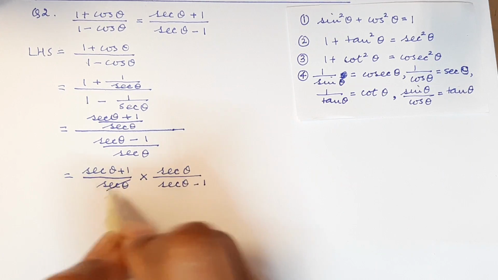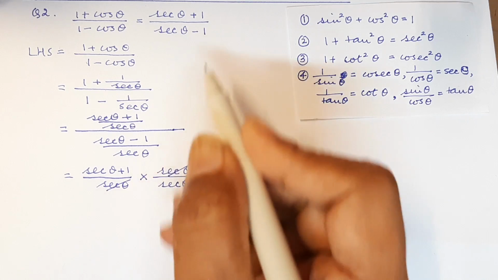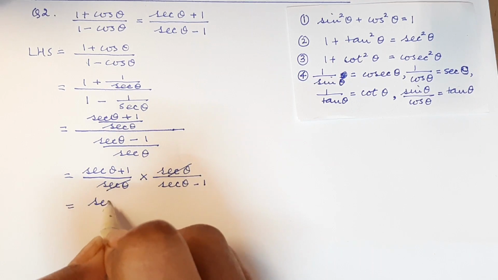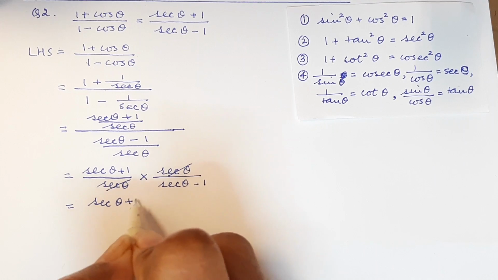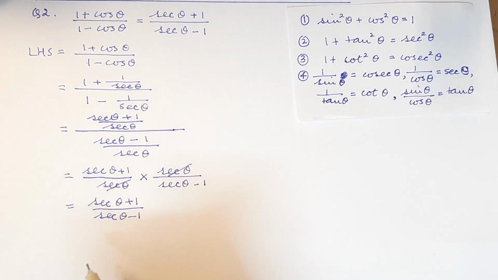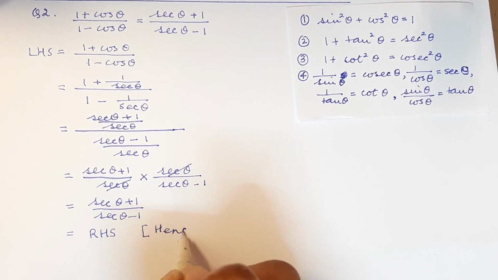And so sec theta gets cancelled. Can you see we are going towards this? So that will be equal to sec theta plus 1 upon sec theta minus 1, which is our RHS. And we can say, yes, we have proved it.